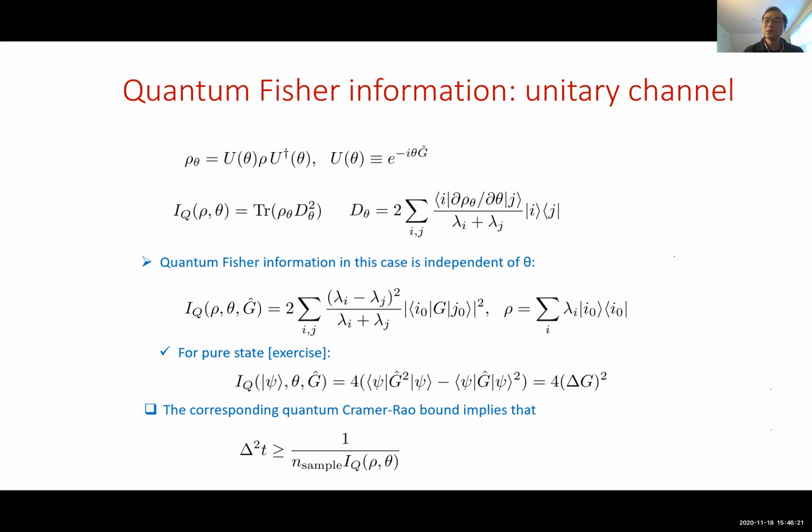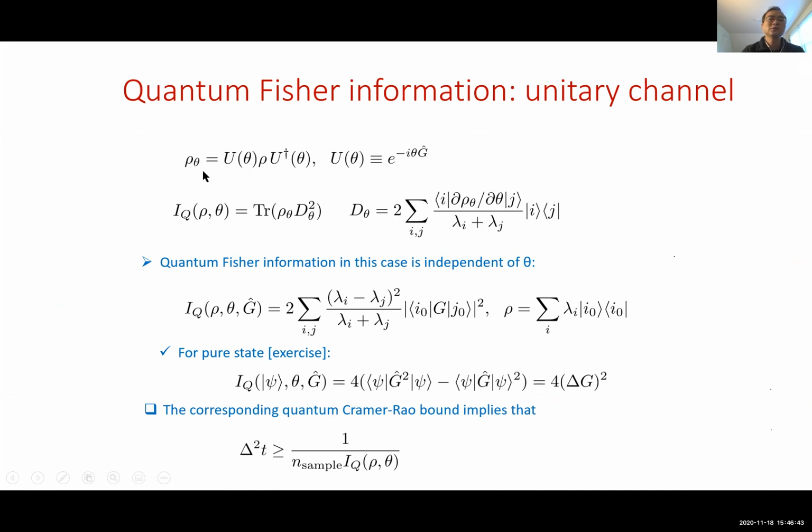Okay, so if we consider a special case where the action of the channel is really just unitary, so suppose this is some unitary. It could be an evolution or some phase shifter.